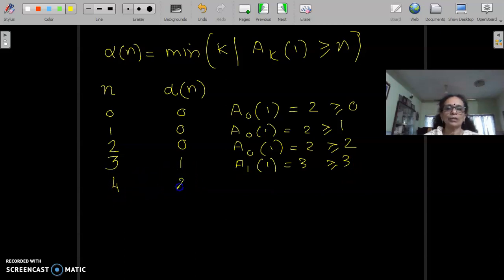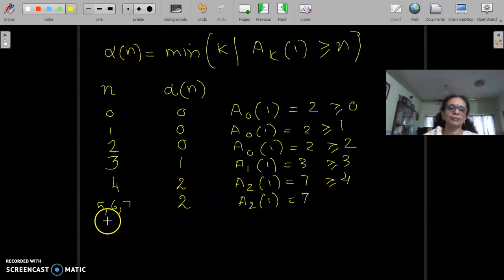So let us look at 2. A(2, 1), we know, is 7 and it is greater than or equal to 4, so it fits. Now how about 5, 6 and 7? For all of them we have 2, because A(2, 1) is equal to 7, and it is greater than all three.